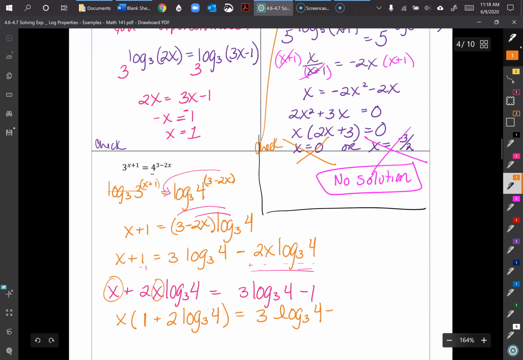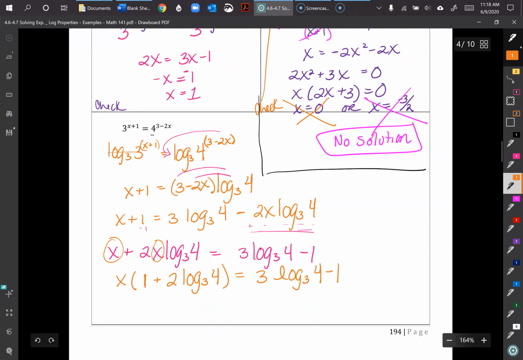So go back and kind of check it over. And now I have that same thing on the right side. So now I can divide both sides by this stuff here, 1 plus 2 log base 3 of 4. Okay.